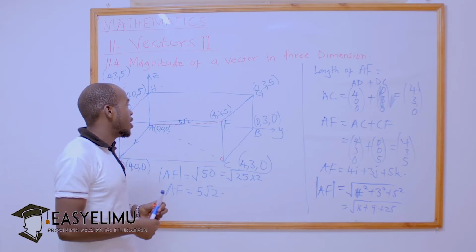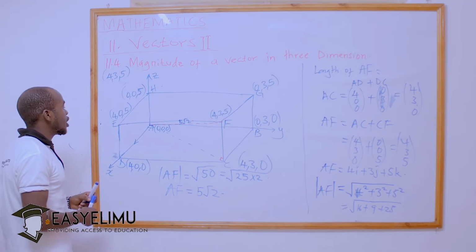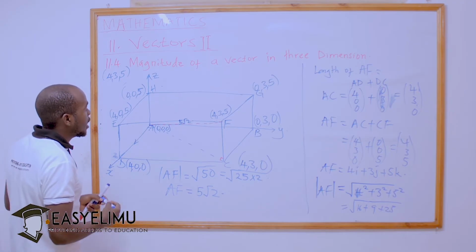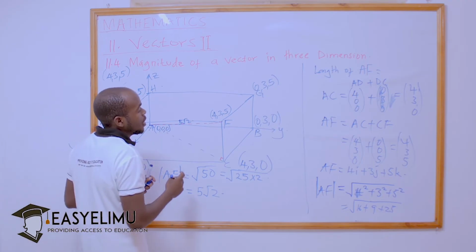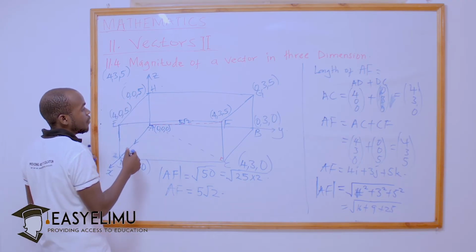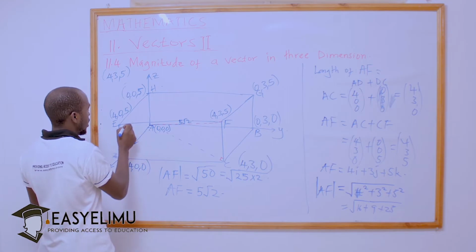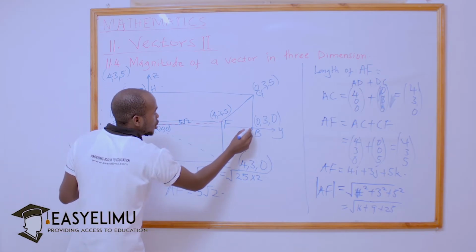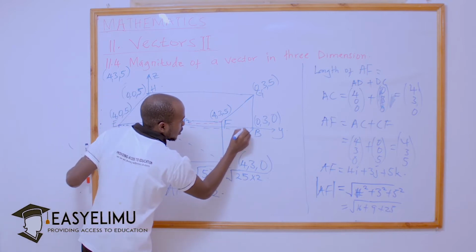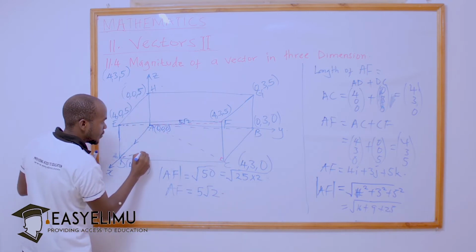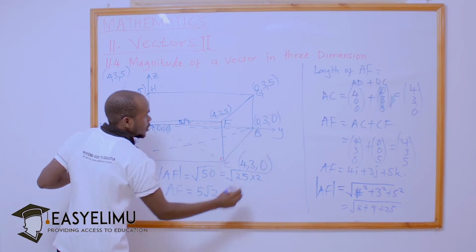Now I want you to calculate the modulus or the length of line BE. Draw it yourself, then after drawing, calculate the length of line BE. Now I want you to calculate from B to E. E is present here, so you will find BE, and BE is with the cut of that line.